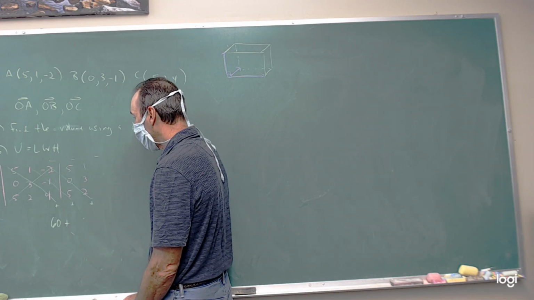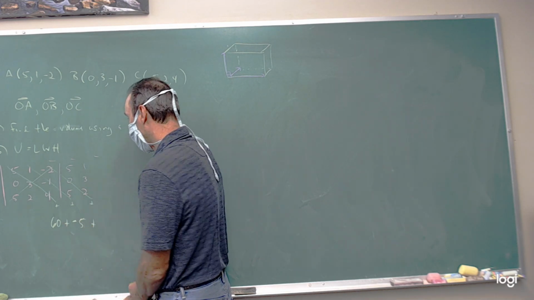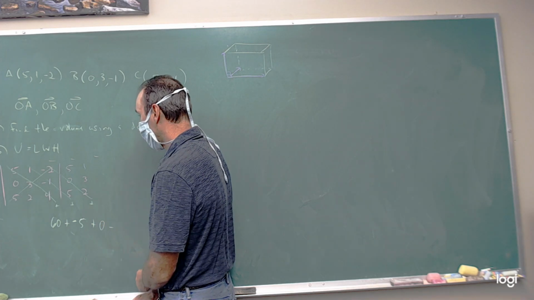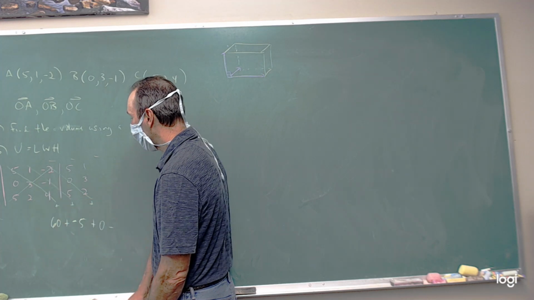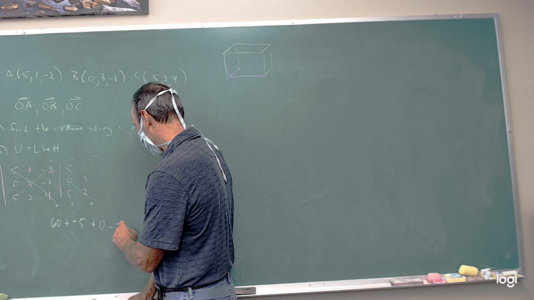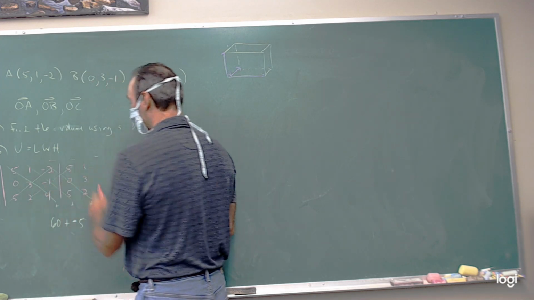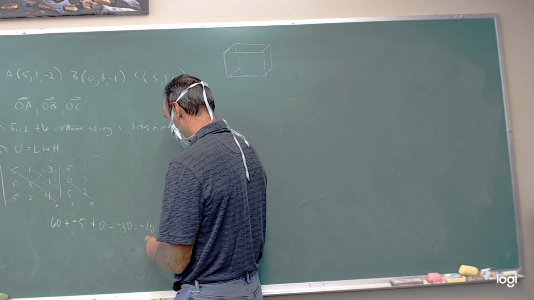So 1 times negative 1 times 5 is a negative 5. And we get a 0 on the last one, that's a good break. Minus 10 times 3 is a negative 30. And then minus a negative 10. And we got a minus 0.